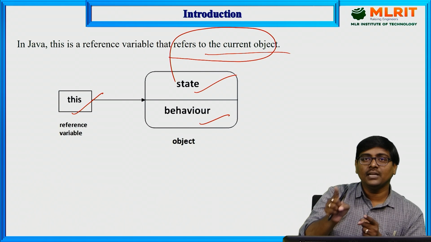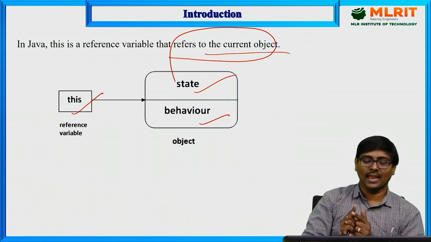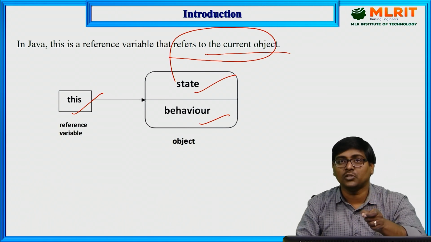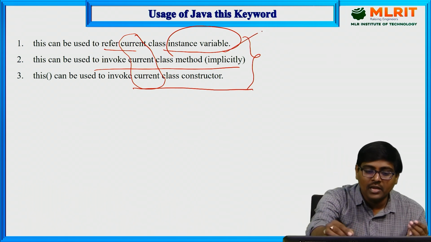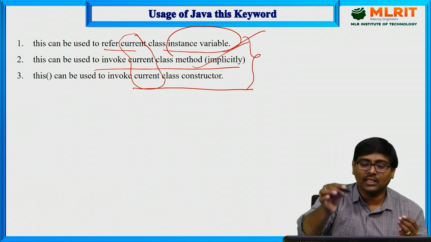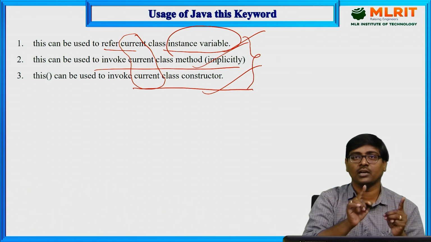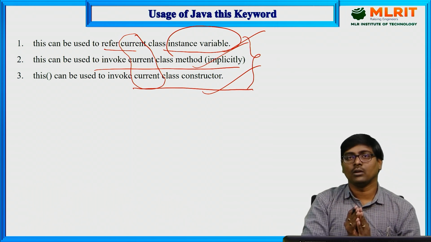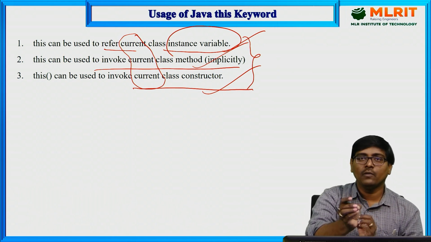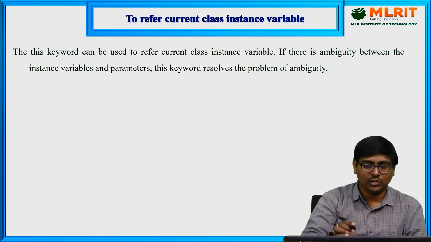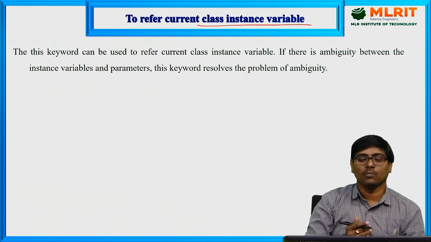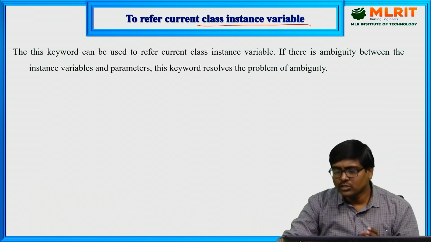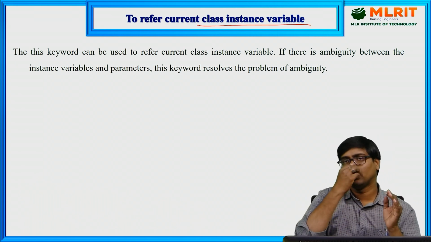An object is generated from a class. So, to refer to that object in different ways, whether to refer to a variable, a method, or a constructor, we use the this keyword. Now, let us move one by one with examples. First, to refer to the current instance variable. In what situation do you use this?